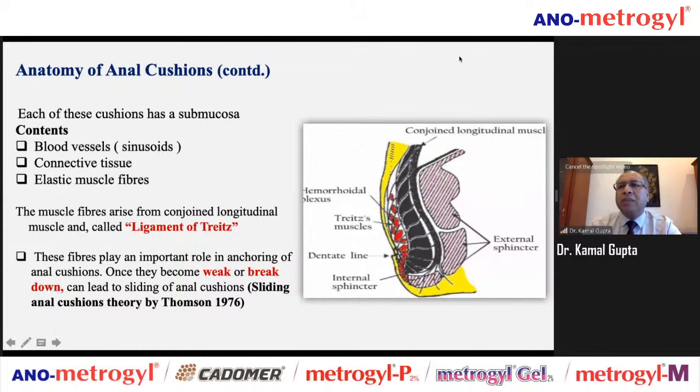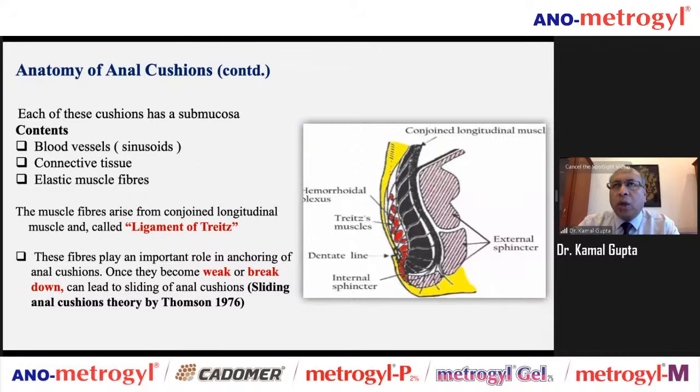So that is what the sliding anal cushion theory is based on.